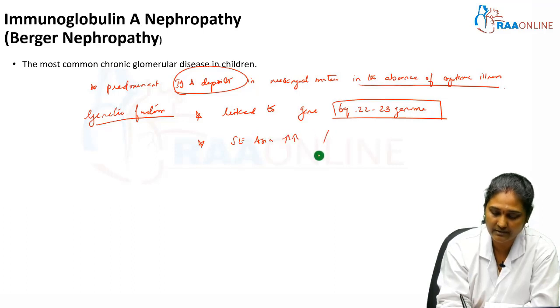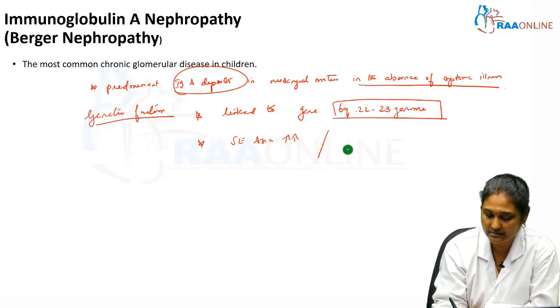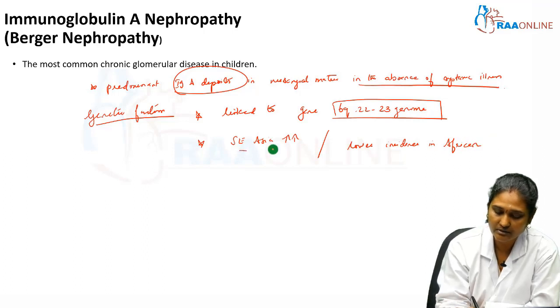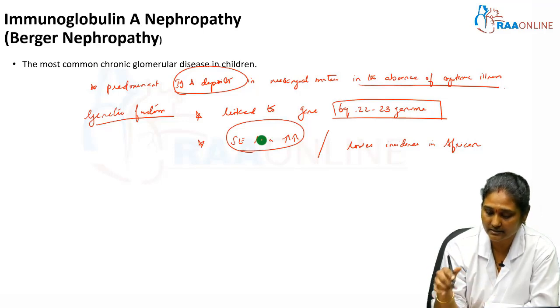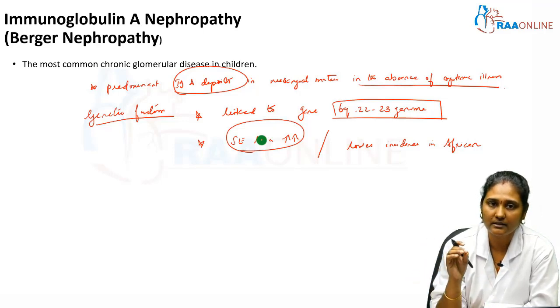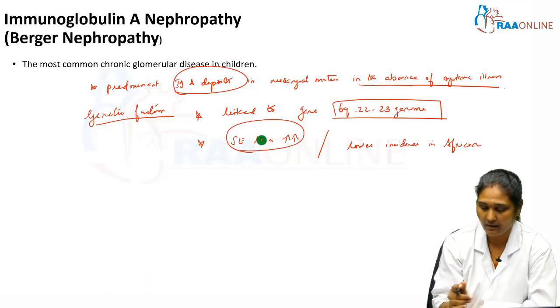There is a higher prevalence in Southeast Asia, whereas in African countries there is a lower incidence. It is linked to the 6q22-23 locus.